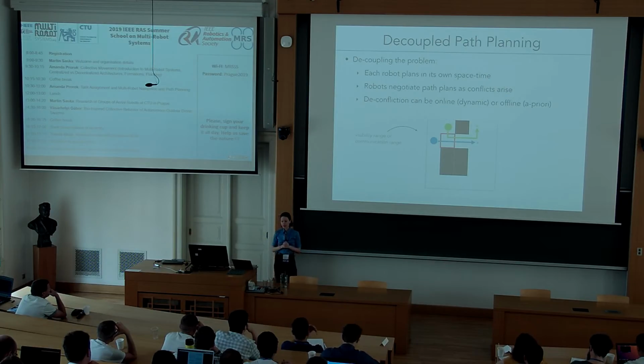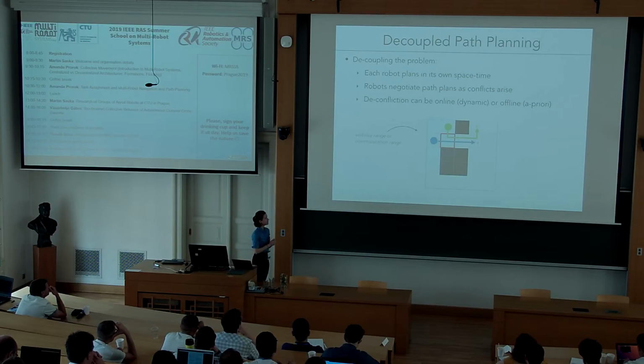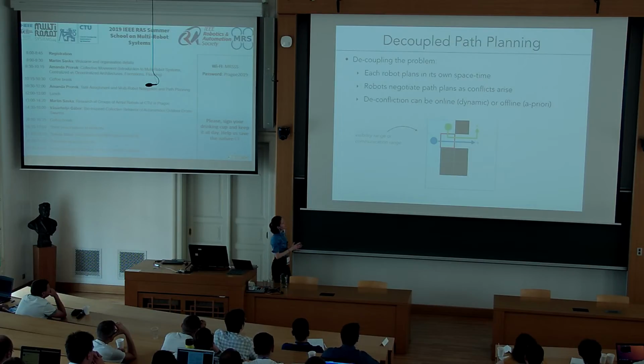And when the robots then get within, say, communication range, so you can't see it here in the slide, but there's a disk around those 2 robots. They're communicating with each other. They're sharing their individual space-time graphs with each other, and they will then compare, okay, are these 2 robots occupying any 2 grid cells at the same moment in time?